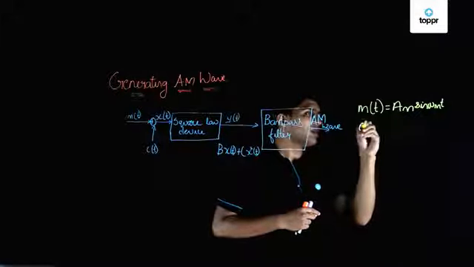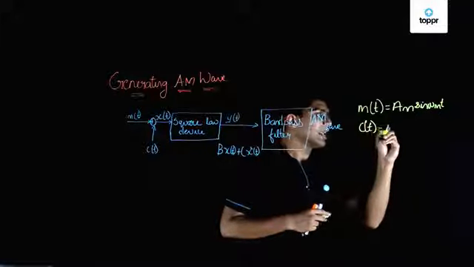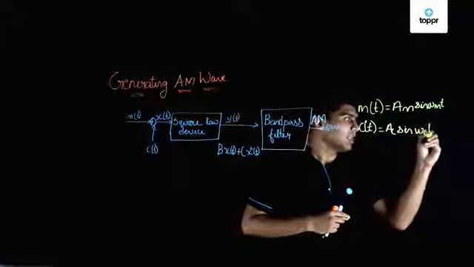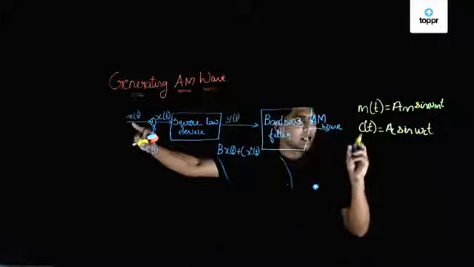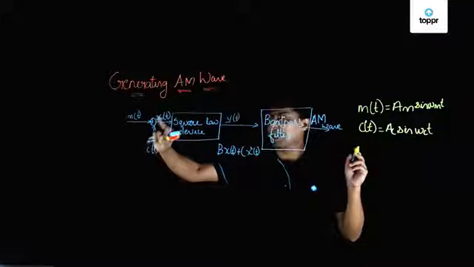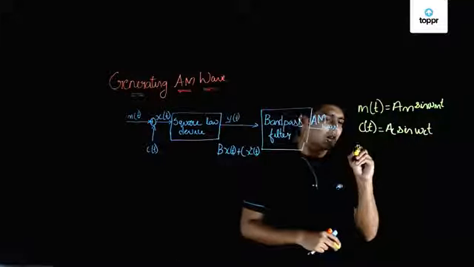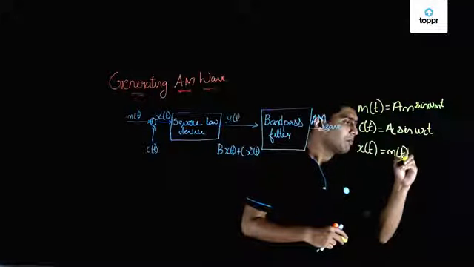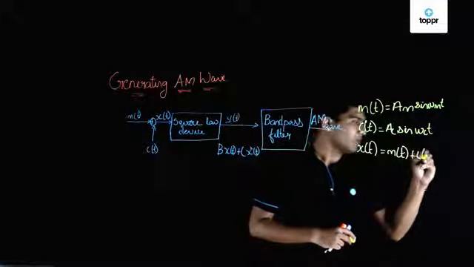And the expression for the carrier signal is Ac sin omega c t. After that, this modulating signal is getting added with the carrier signal, giving an output X of t. So X of t can be represented as M of t plus C of t.